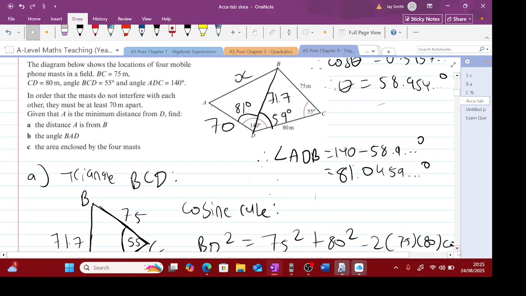And if you think you're going to forget, you can note what you stored it as, like this, if you wanted to. So that's the angle ADB.